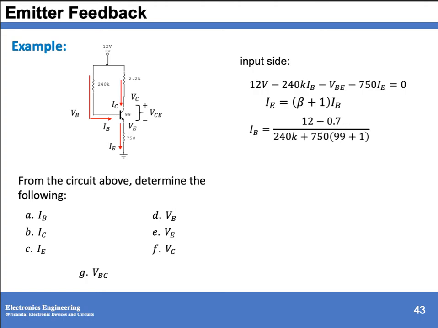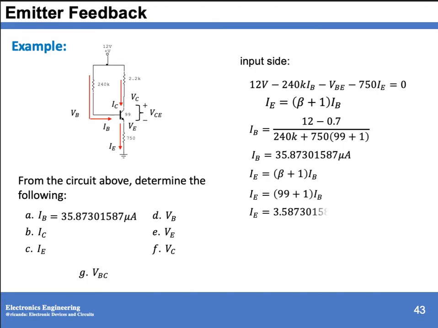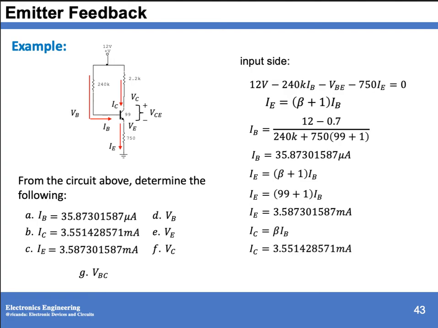Therefore, IB is equal to 12 minus 0.7 over 240 kilo ohms plus 750 times beta plus 1, which is 99 plus 1. Therefore, IB is equal to this value. Solving for your IE, which is beta plus 1 IB, so this is our IE. And solving for your IC, it is beta IB, and this is IC.